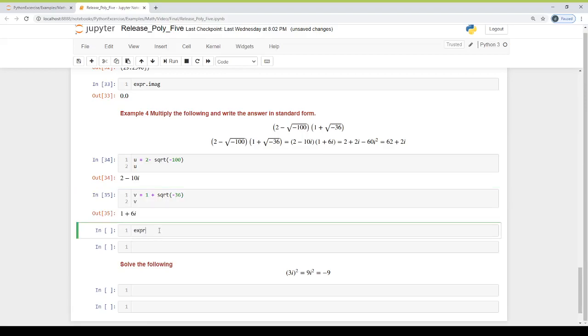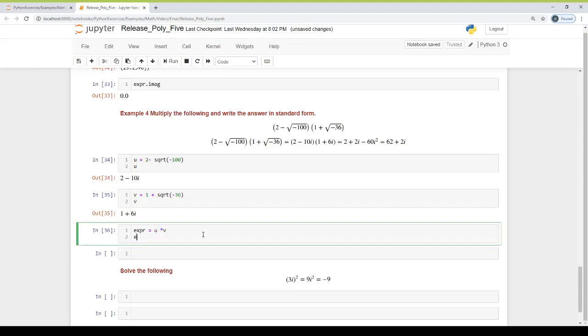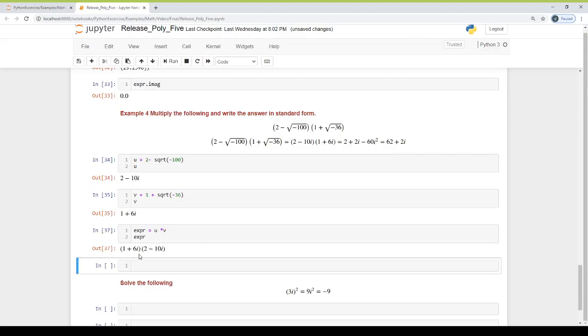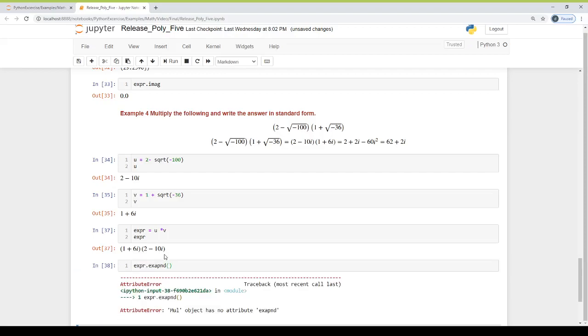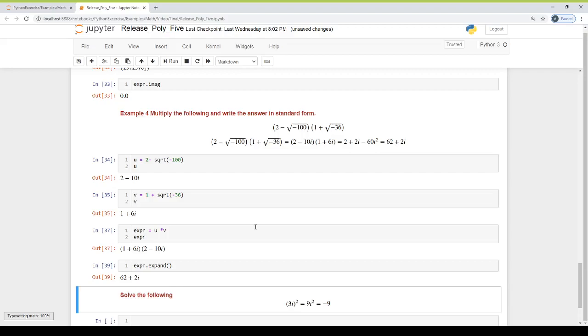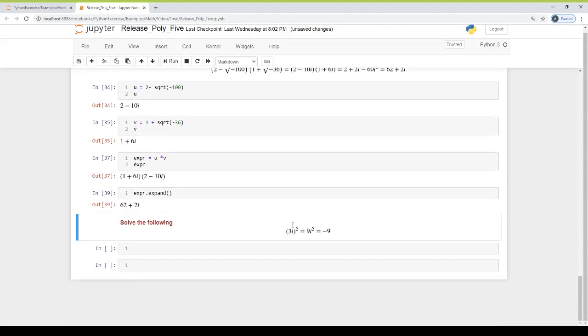Expression is equal to u into v, shift enter, and print expression. It's 1 plus 6i into 2 minus 10i. When you expand with expr.expand, you will get the result, that is 62 plus 2i.